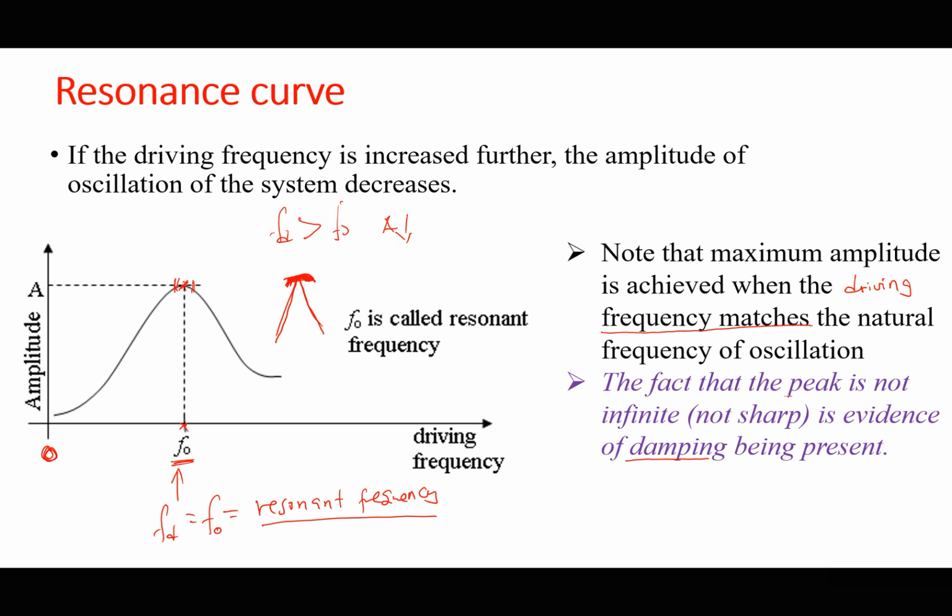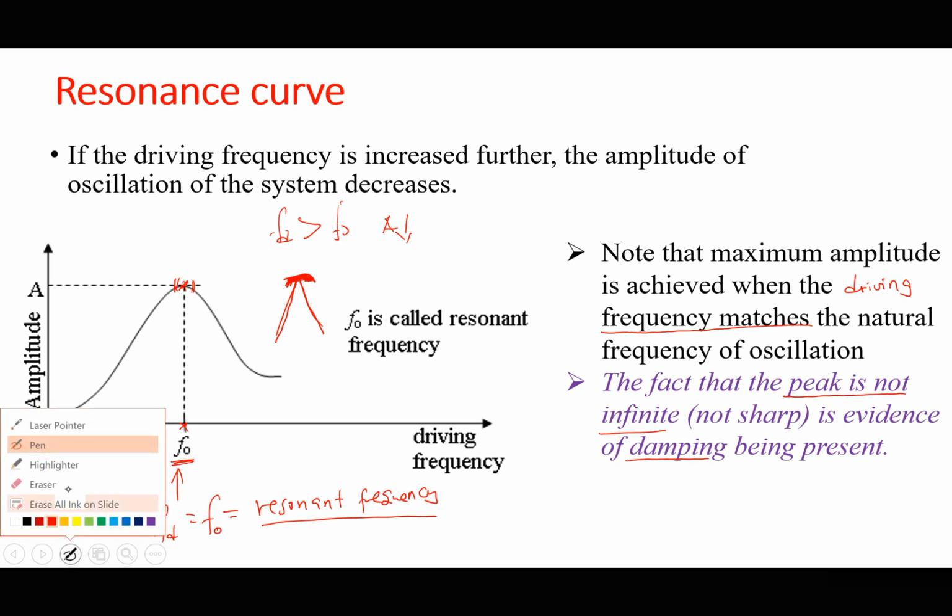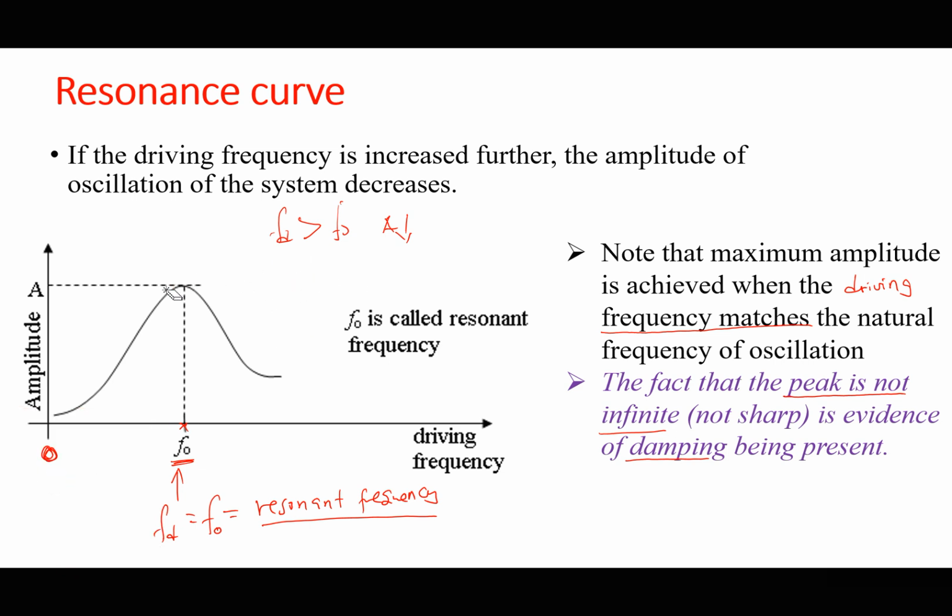So the fact that the peak is not infinite, not sharp, is evidence of damping being present. From the resonance curve, we can see that there is damping if the peak is not sharp as expected, if the peak is not infinite as expected.